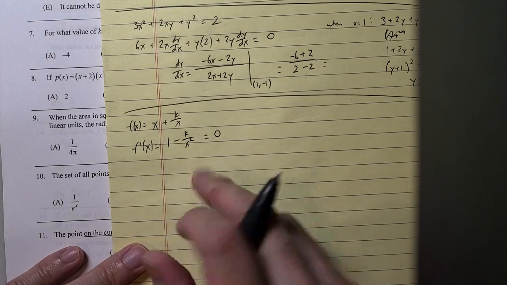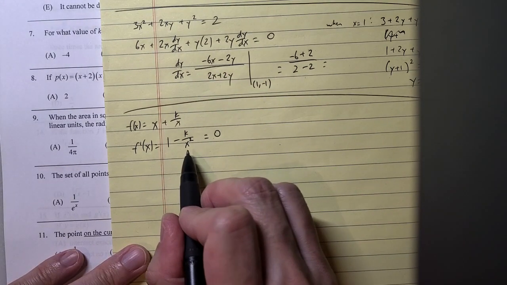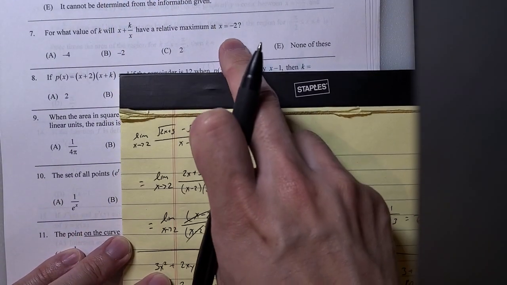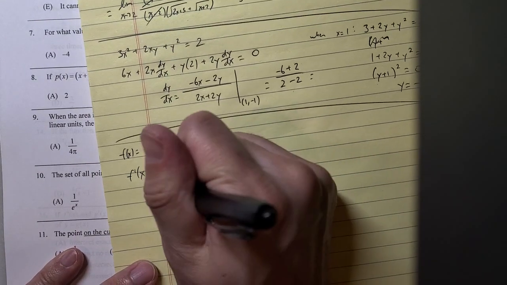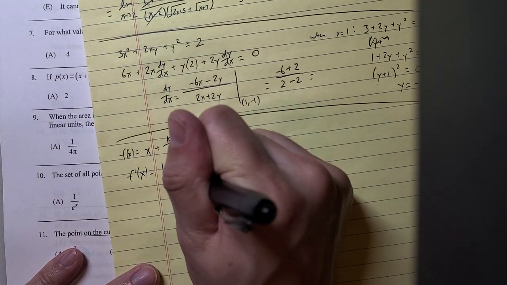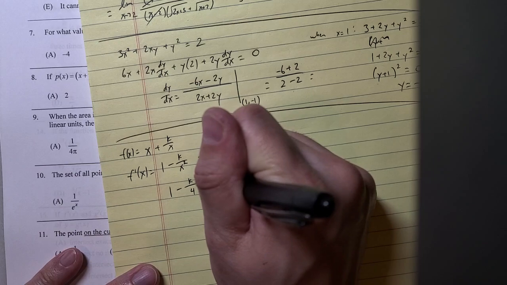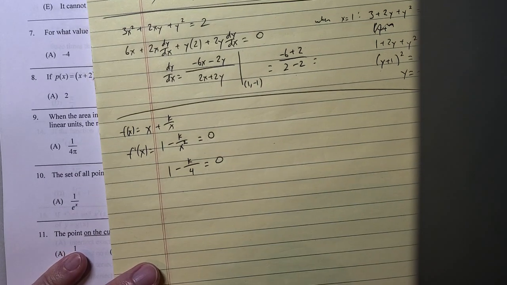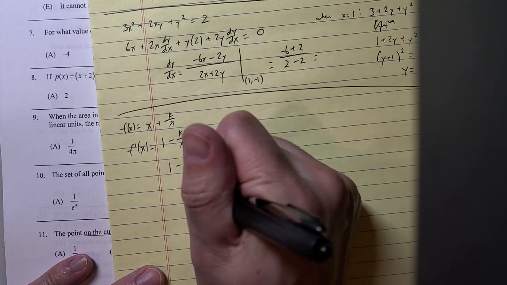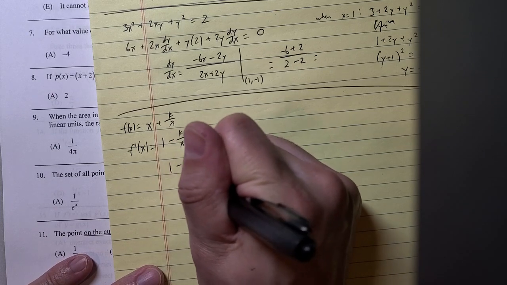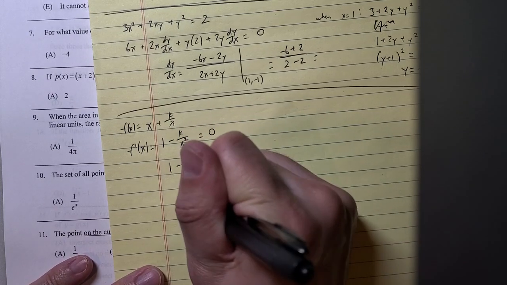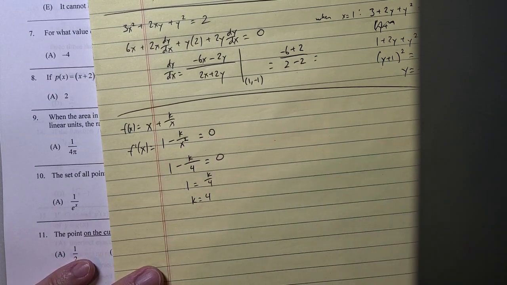So we want this to be true at x is negative 2. Let's plug in negative 2 here. It'll be 1 minus k over negative 2 squared, which is 4, is equal to 0. Let's solve for k. So 1 is equal to k over 4, or k would be equal to 4.